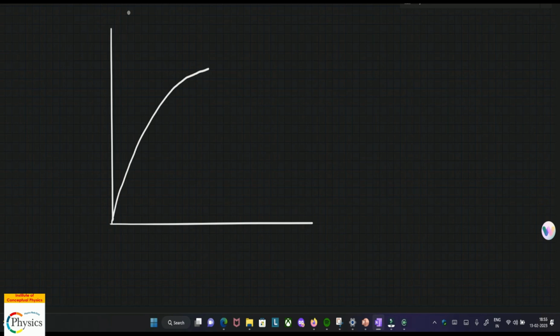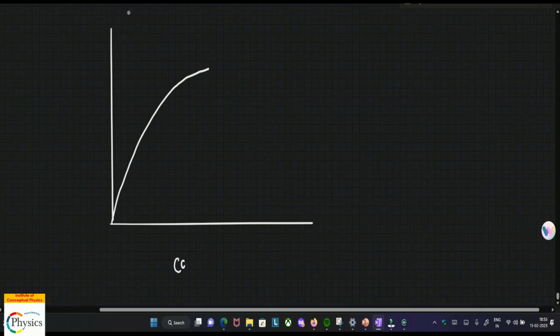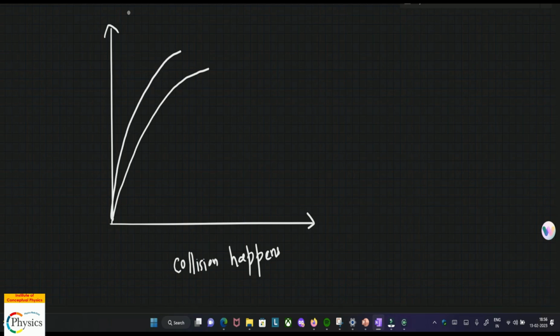And even in this case, when collision happens, the brake will be applied. The graph is going to look like this. The question is, will the graph be above this, or will the graph be below this? How do you decide this?